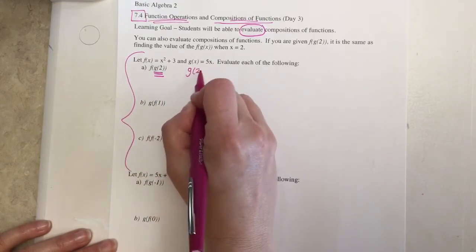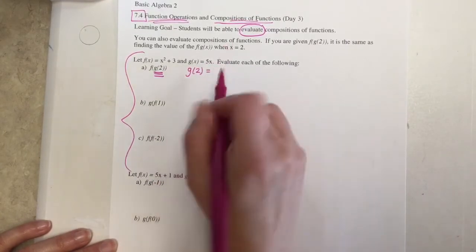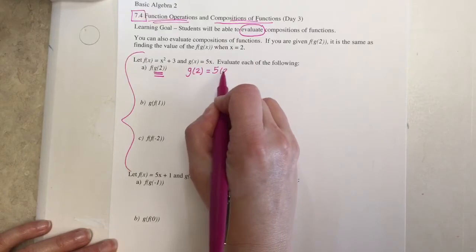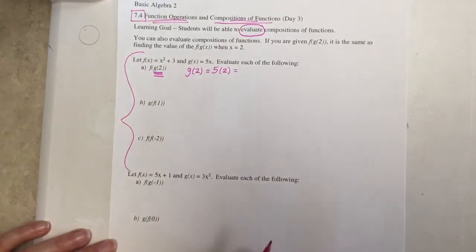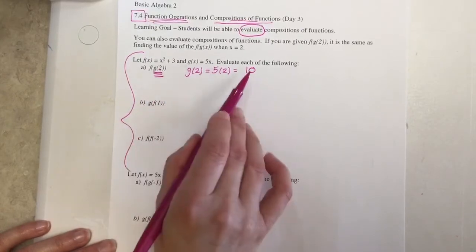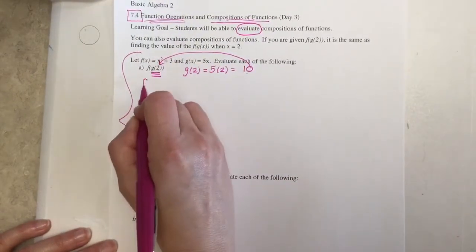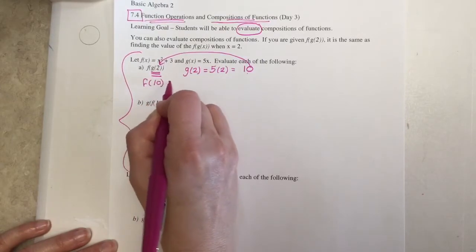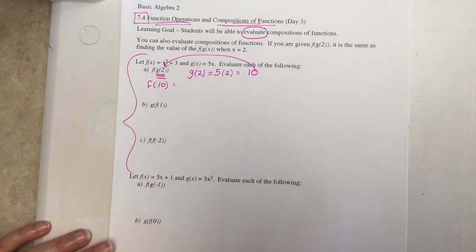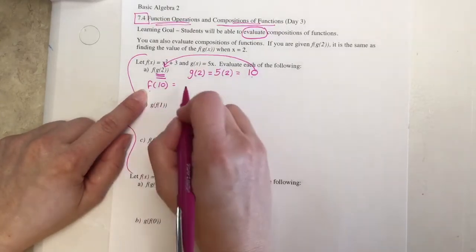So g of 2 means I take the g function, which is 5 times x, but instead of x, I plug in a 2. Well, 5 times 2 is 10. So g of 2 is really equal to 10. So now I can go ahead and write 10 in the place of g of 2.